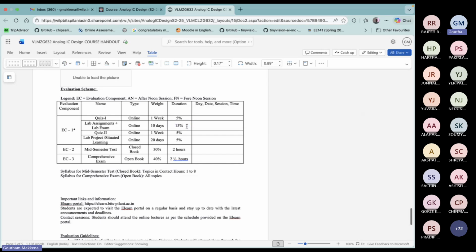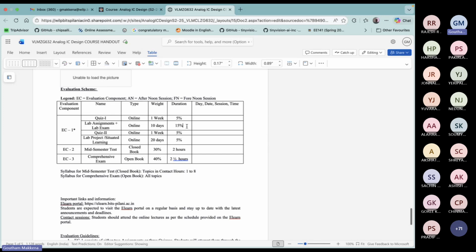Typically, like I told, 5 to 6 lab sessions. Each lab session occurs once in a fortnight. So if there is a lab session on May 1st, the next session will have a 2 weeks gap, so it will occur again on May 15th. In that way, labs will be planned.